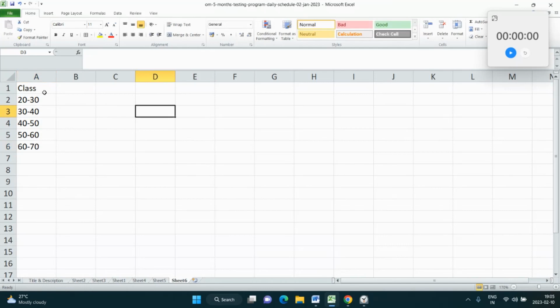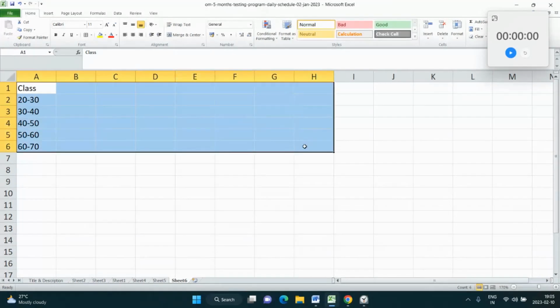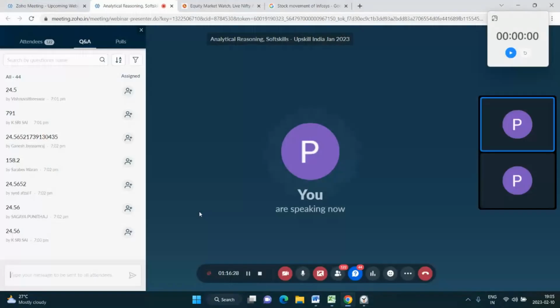I am going to calculate the arithmetic mean using the shortcut method. What is that method called? Using the shortcut method. What we are going to do now is the shortcut method.